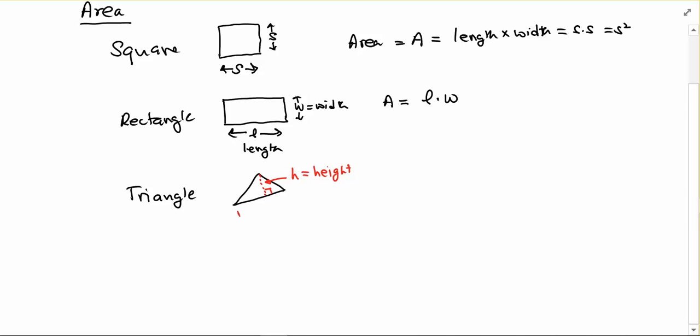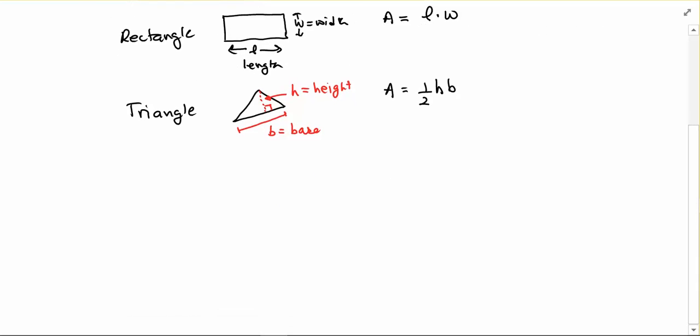And then this is known as the base of the triangle. And so the area is equal to 1/2 height times base, or we know from the commutative property this could be BH as well.